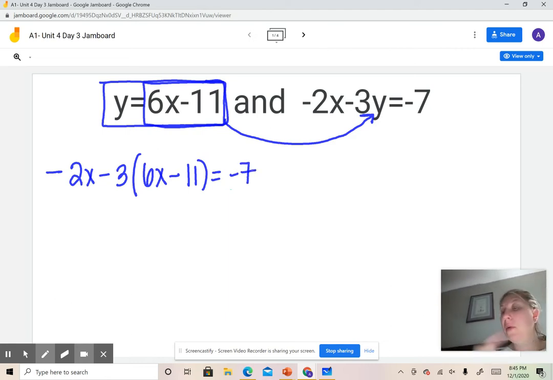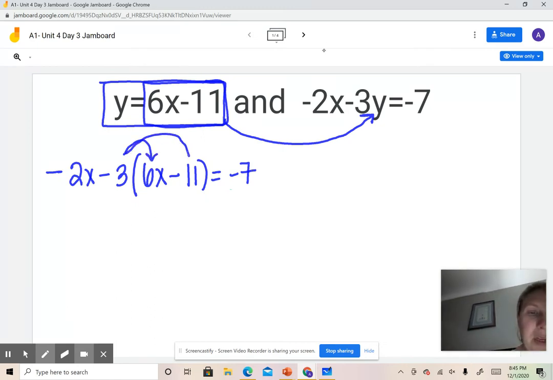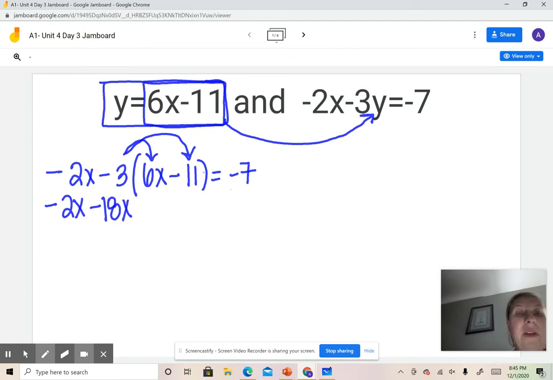Now think of order of operations. Parentheses first. So get rid of the parentheses by distributing. The negative 2x comes down. It's not attached to the parenthesis. Negative 3 times negative 6x is negative 18x. Negative 3 times negative 11 is a positive 33. That equals negative 7. No exponents.